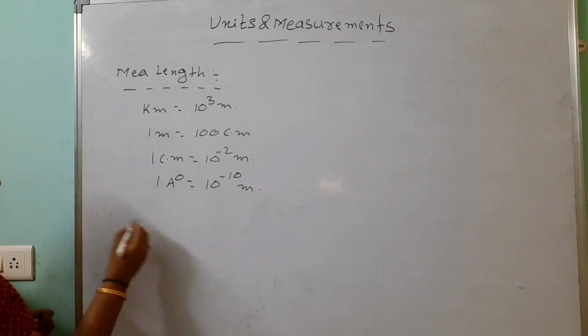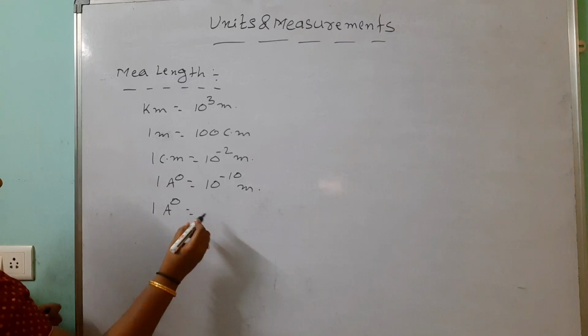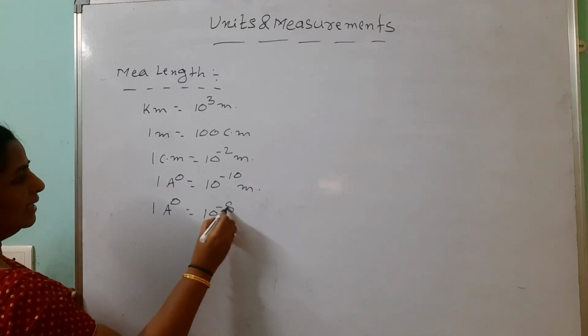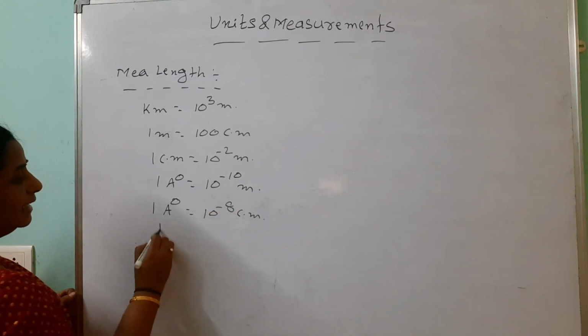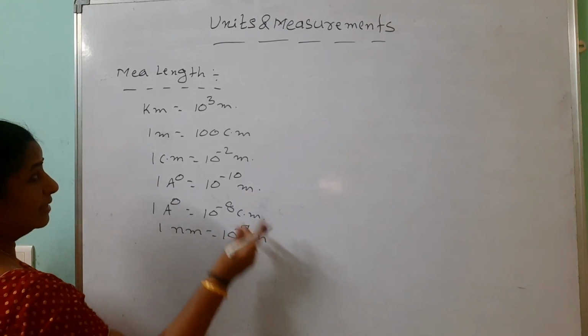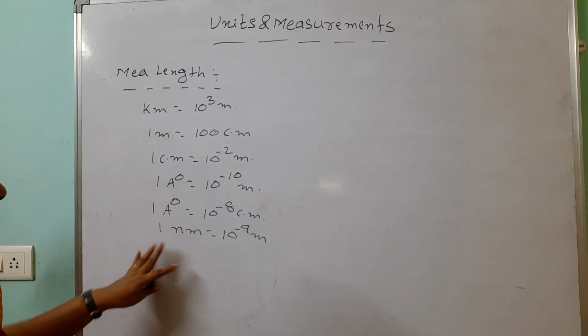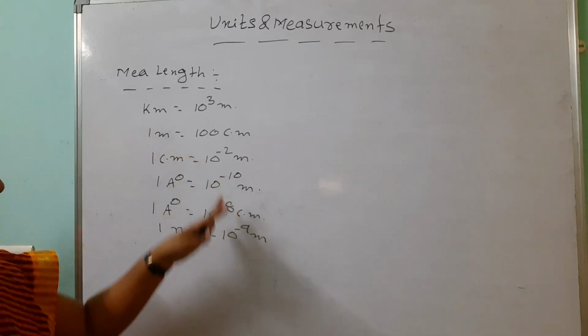In terms of centimeters, 1 angstrom equals 10 to the power of minus 8 centimeters. 1 nanometer we can take as 10 to the power of minus 9 meters. So these are for large distances and small distances, how we measure length.